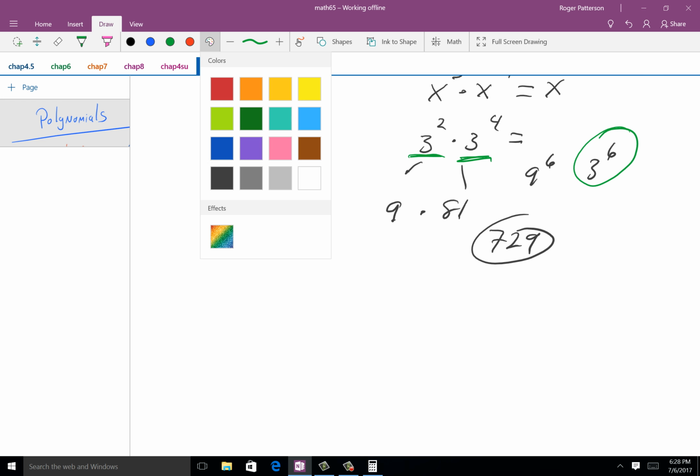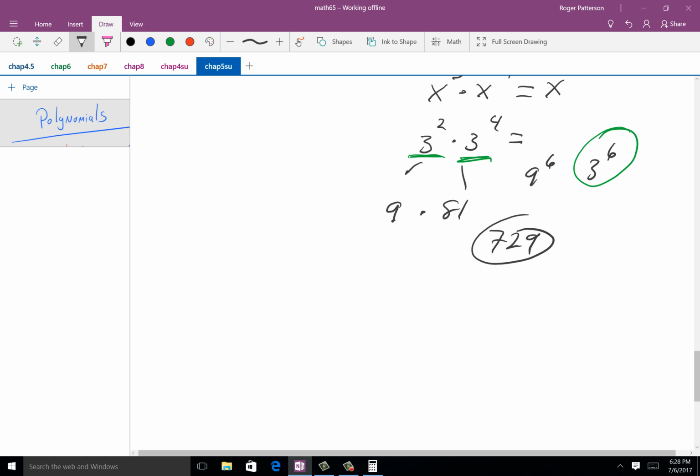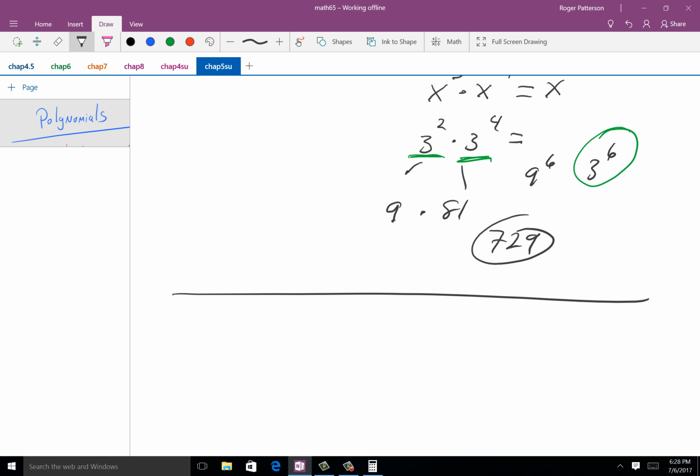Okay, so back to the conceptual idea here. So what if we have something like this? 2x cubed. So that's equal to 2x times 2x times 2x.